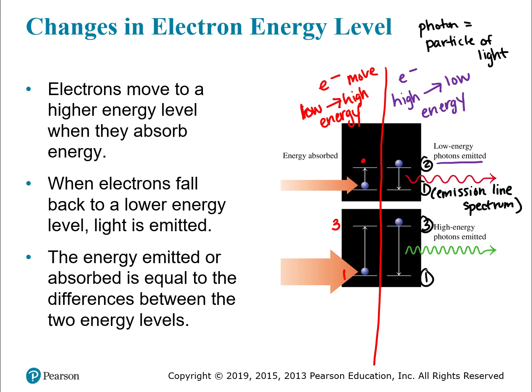So in the picture, you see red light for the first example and green light for the other. Red light is lower energy than green. So the colors were on purpose. Let me know if you're with me, if you understand the idea of moving from high to low and low to high, and what that means for energy.